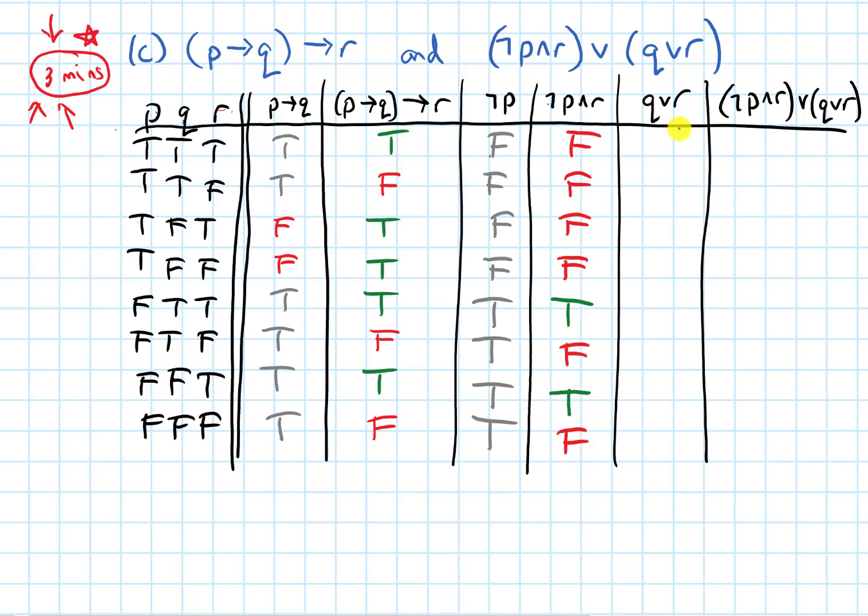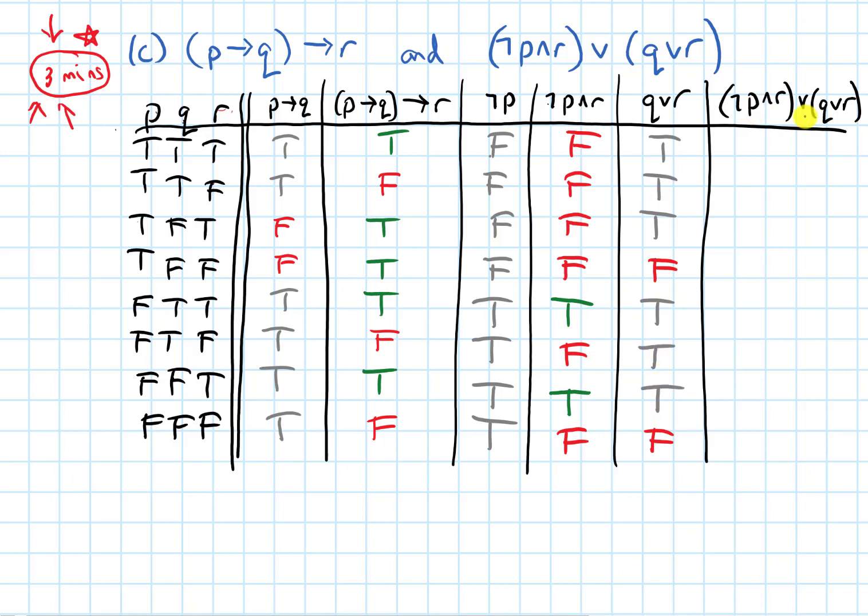And now let's do Q or R. For this to be false, I would need both Q and R to be false. And that happens in this row, as well as this last row. But in all the other rows, at least one of them is going to be true. So I'll put T's all around in those other spots.